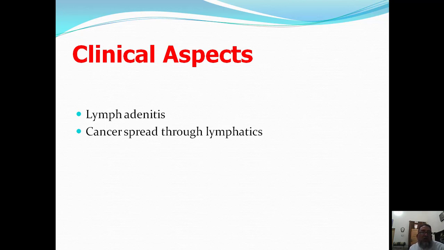They first drain in the lymph nodes, so the nodes get inflamed. Immune response will take place, and infective material will be handled over there. So there is inflammation in the lymph node within the drainage area. जहाँ जहाँ infection होगी उसका lymph node becomes swollen up.